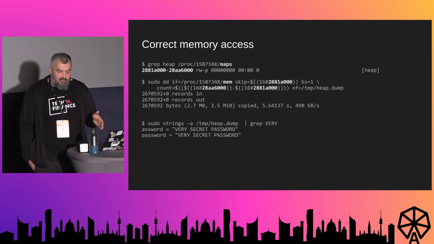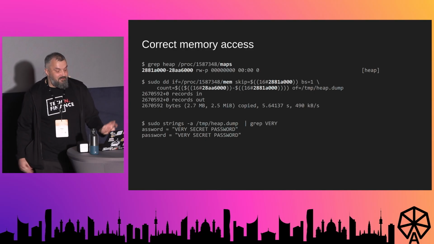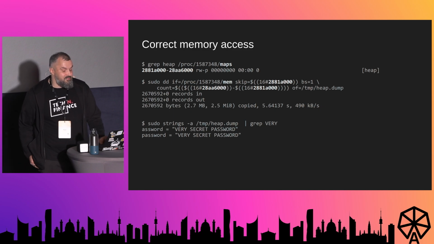With the dollar signs and braces, I'm using bash to decode hex numbers and make decimal numbers out of them. Then I say I will use a block size of 1 byte, calculate how many bytes there are in this range, and store this dump to a temporary folder.